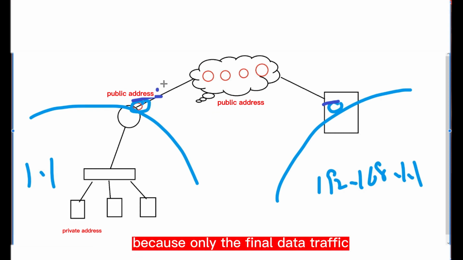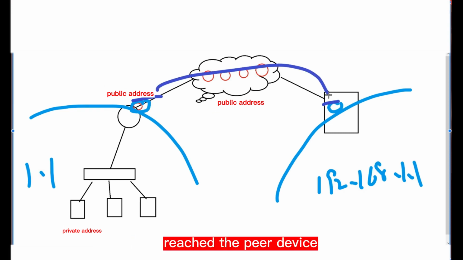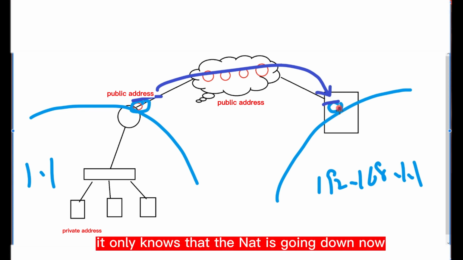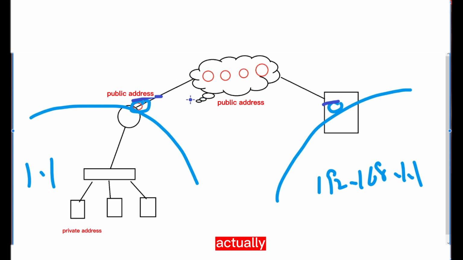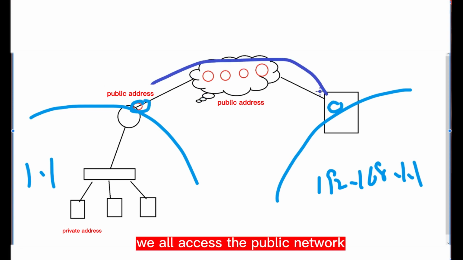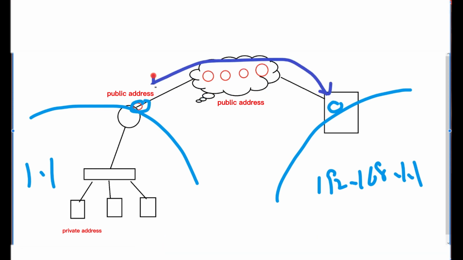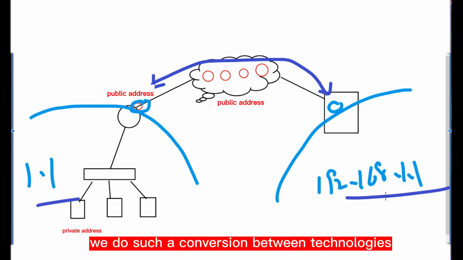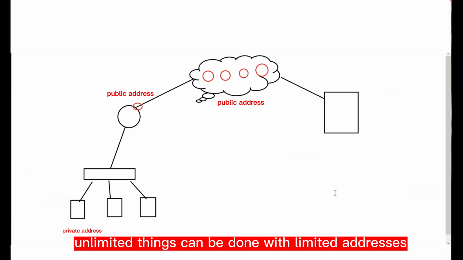Because only the final data traffic reached the peer device, it only knows about the NAT. Actually, we all access the public network from the public network. That's how it looks, at least from the looks of it. Inside, we do such a conversion between technologies. Unlimited things can be done with limited addresses.